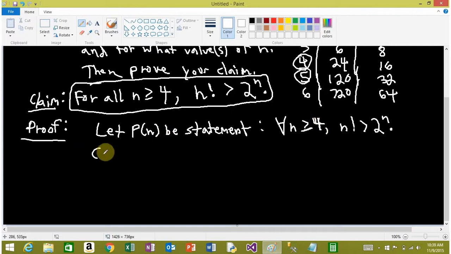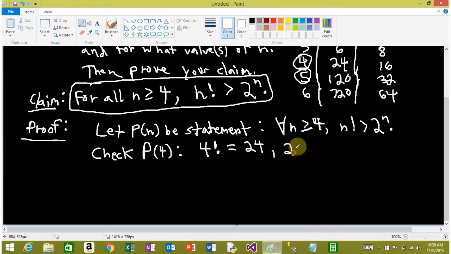So we need to check P of 4, because that's where the inequality begins. So we'll plug in 4 factorial. We see that that's equal to 24, and then we see that 2 to the 4th is 16.